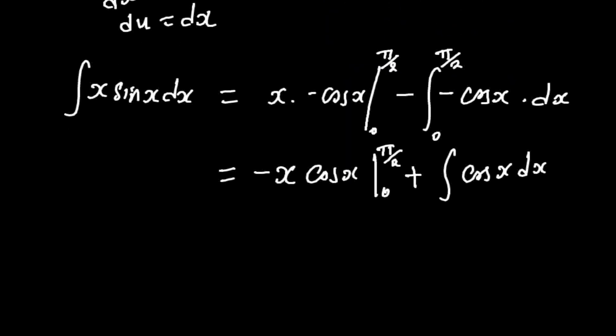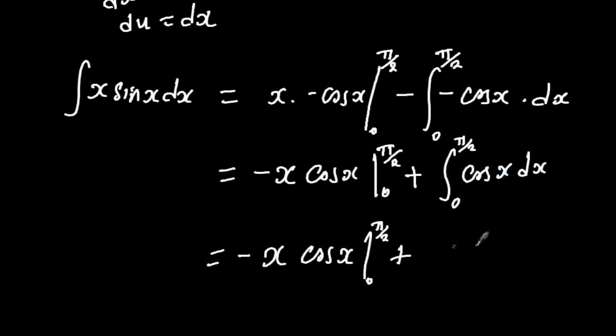So we get negative x cos x from 0 to pi over 2, then plus the integral of cos x is sine x, now from 0 to pi over 2.